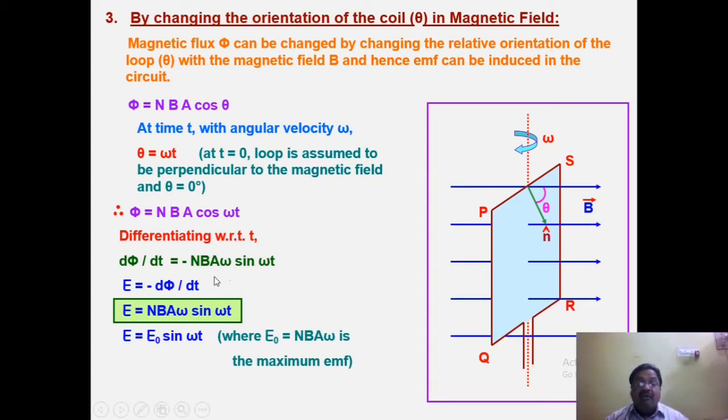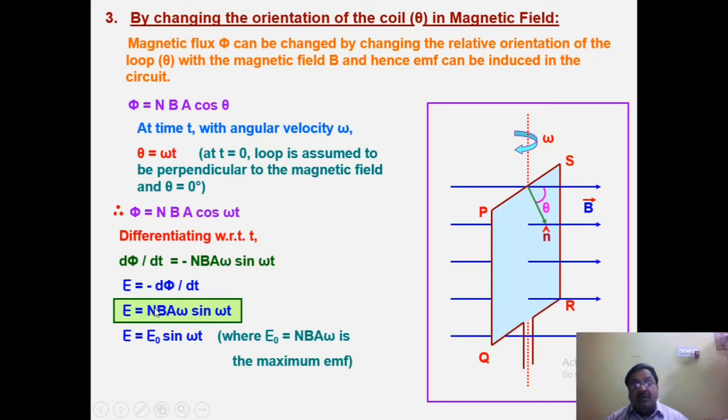Let us apply Faraday's law of electromagnetic induction. Induced EMF is minus d phi by dt. You obtained d phi by dt as minus NBA omega sine omega t, so just substitute this value. So induced EMF will be NBA omega sine omega t.